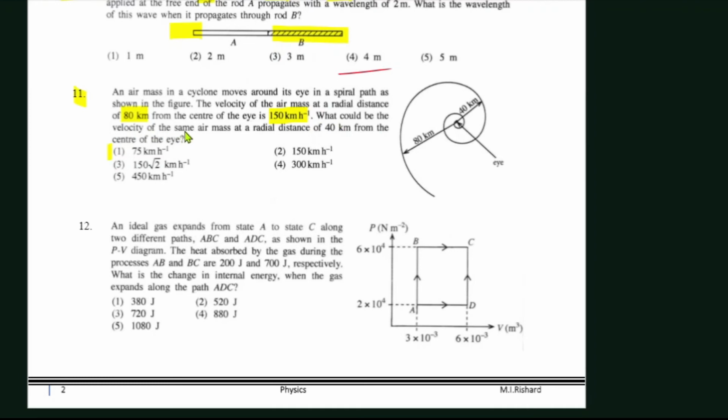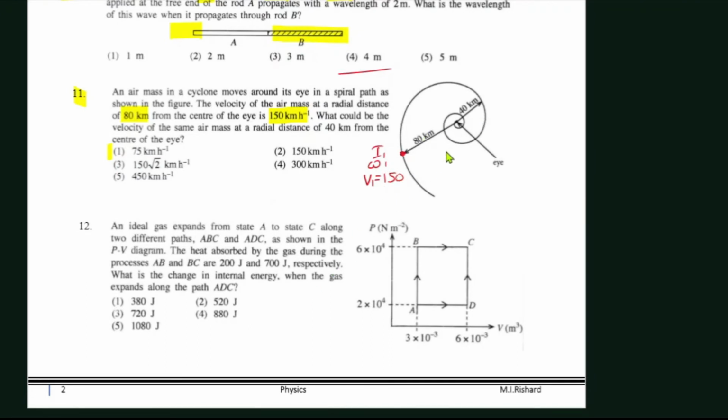What could be the velocity of the same air particle at a radial distance of 40 kilometers? That is quite a simple question. If we consider the air particle at this point, we can assume the moment of inertia at that point is I1, the angular velocity as omega1 because it's performing a circular motion, and the velocity is 150.